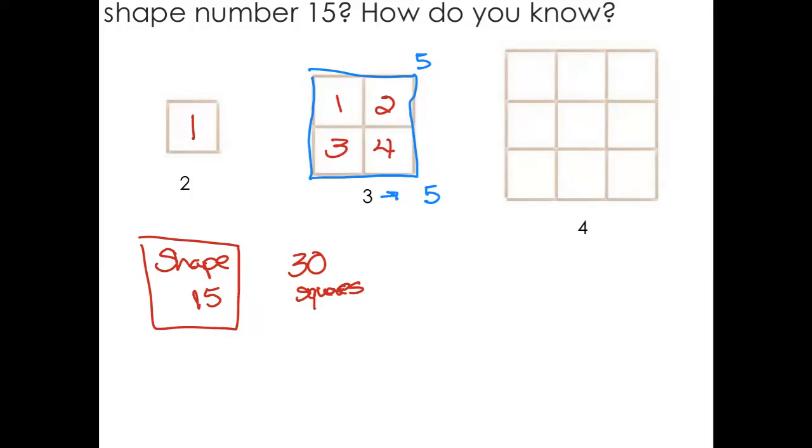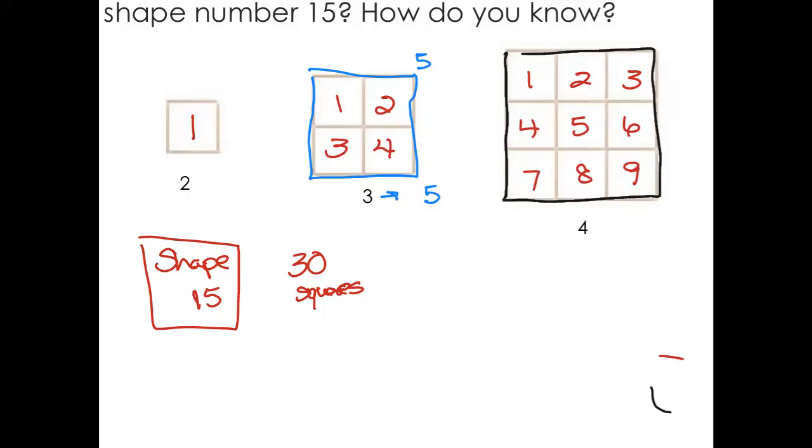4 has 10. Okay, there's 1, 2, 3, 4, 5, 6, 7, 8, 9, and you're saying this large one makes 10? What if I told you it is not 10?